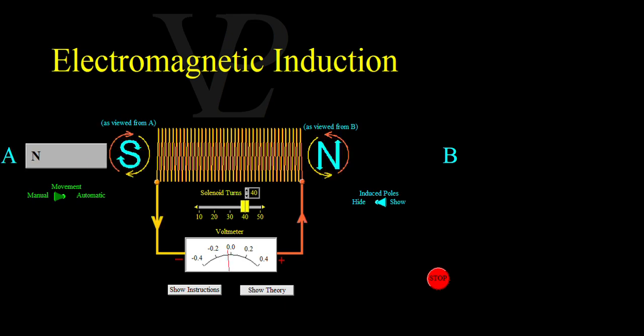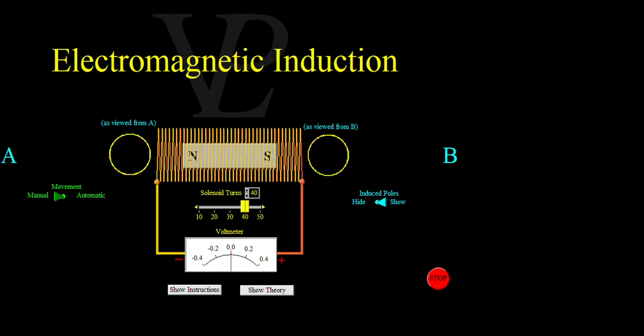So as the south comes in, we have a south pole here. Then we have nothing inside here because there is no cutting of field lines here, no change of the field through the coil. The entire field is in the coil now. There is no change of field through the coil.